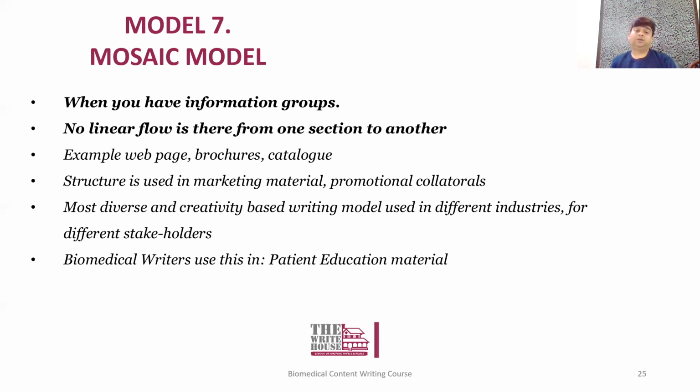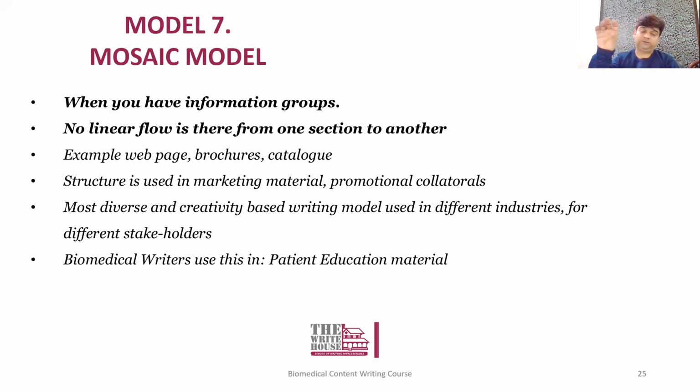Collateral means you use danglers, brochures, fancy pamphlets, or some kind of instruction or educational material. You must have seen in hospitals the small brochures or leaflets on which you find information about diabetes, cancer, or pregnancy.